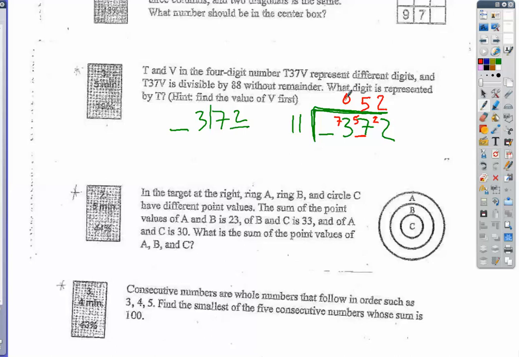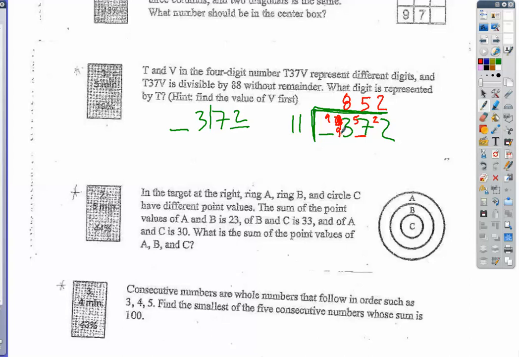So what would give us a remainder of 5 with a number of 3 here? And this is critically important. So, oh, it's 9, right? So this is going to be 9. So then this is an 8.